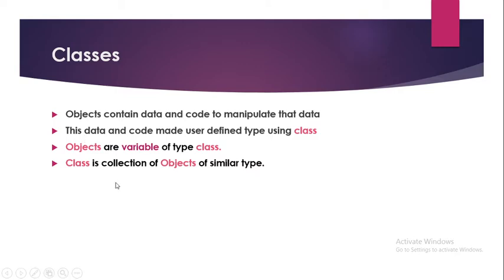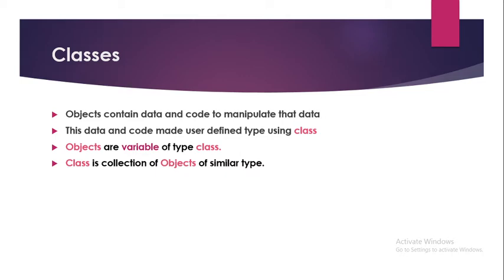A class is a collection of objects of similar type. That is another definition of the class. If I want to collect data for 100 students, every student will have name, date of birth, marks, percentage, whatever it is. So a class is nothing but a collection of objects of similar type.